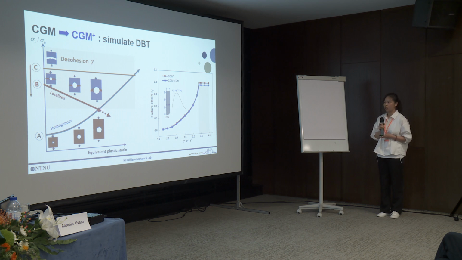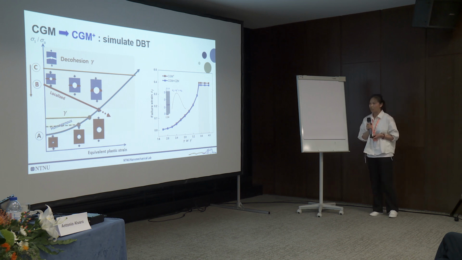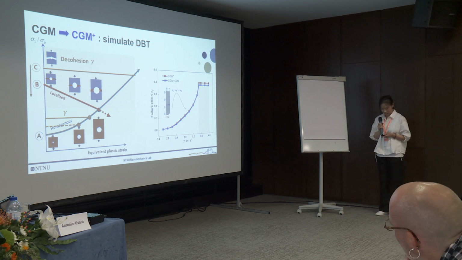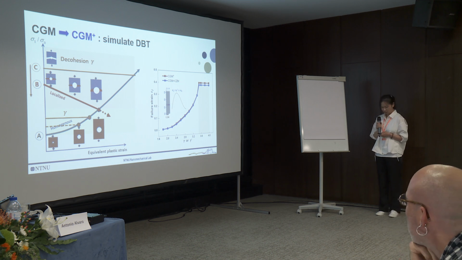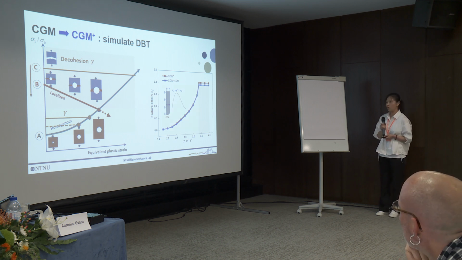It's the original complete Gurson model. But when gamma is located in the green region, it will take effect. And at this time, the void coalescence would happen at this orange intersecting point. And when gamma is located in this area, with the decrease of gamma, it will have decreased global failure strain.